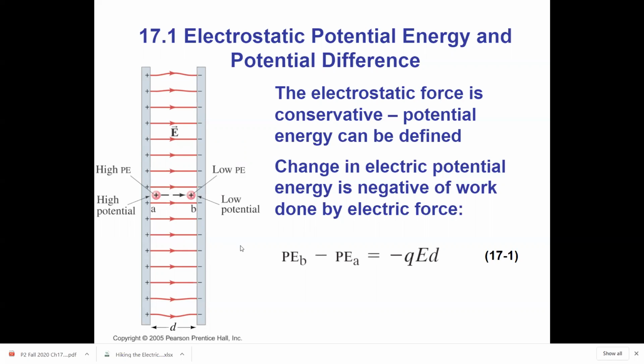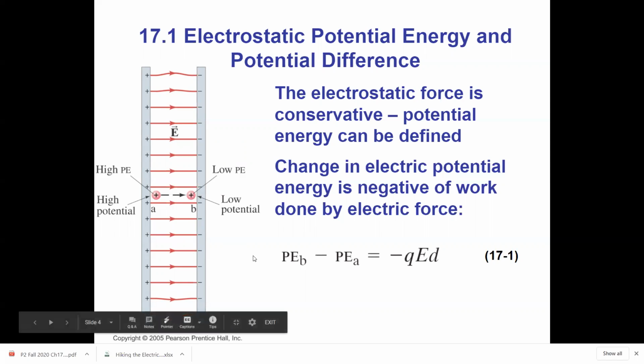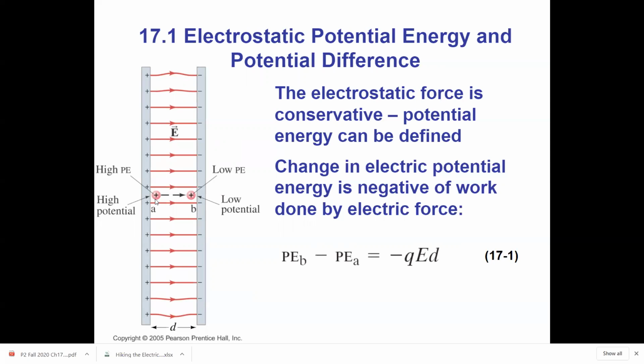Now, one of the things that's true about potential energy is that if we allow the system to do work, then what it's going to do is access the potential energy that's stored in the system. And in this case, what is happening if we had a positive charge here next to this positive conducting plate, and we just let it run away.